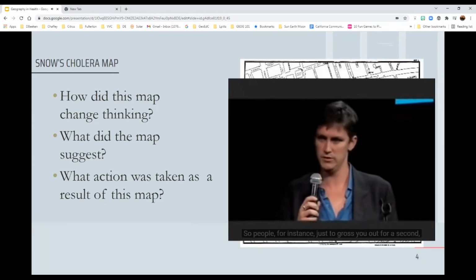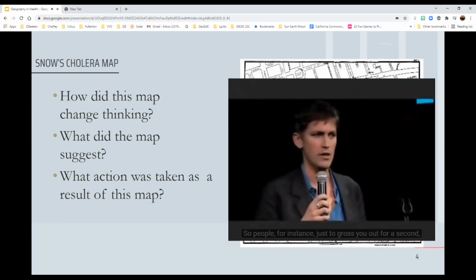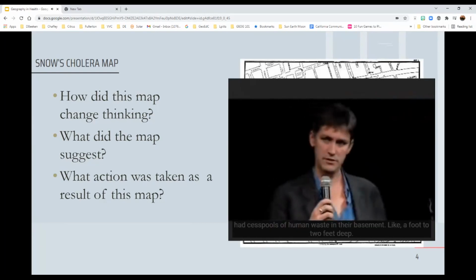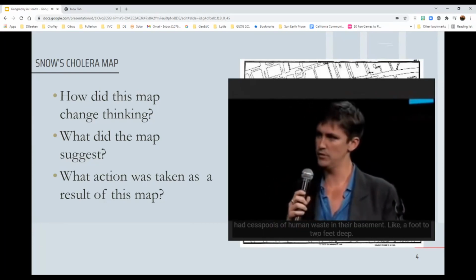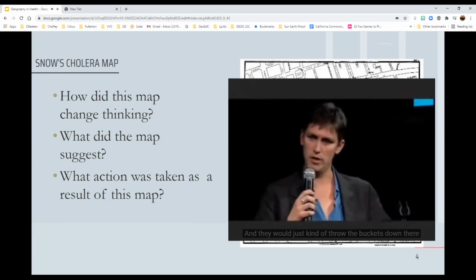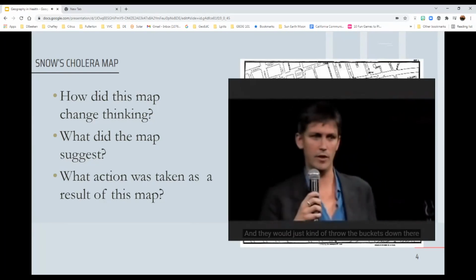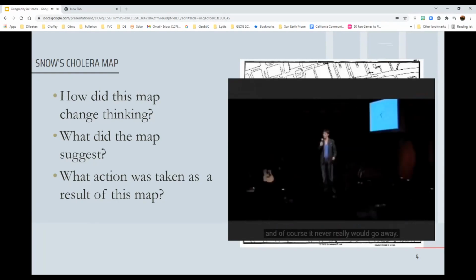So people, for instance, just to gross you out for a second, had cesspools of human waste in their basement, 1 foot to 2 feet deep. And they would just throw the buckets down there and hope that it would somehow go away. And of course, it never really would go away. All of this stuff had accumulated to the point where the city was incredibly offensive to just walk around in.